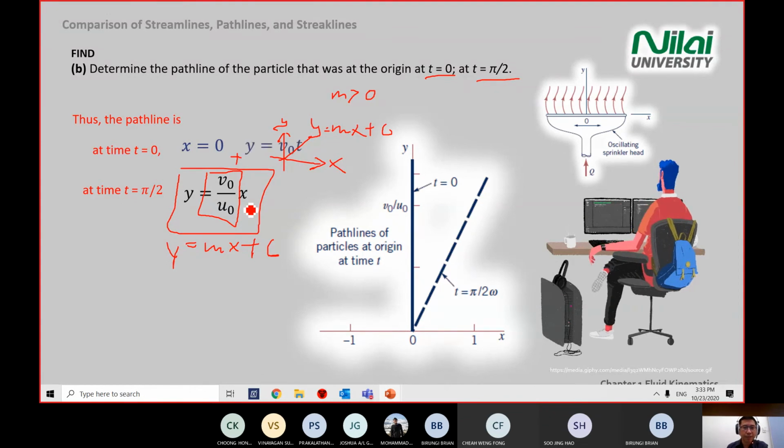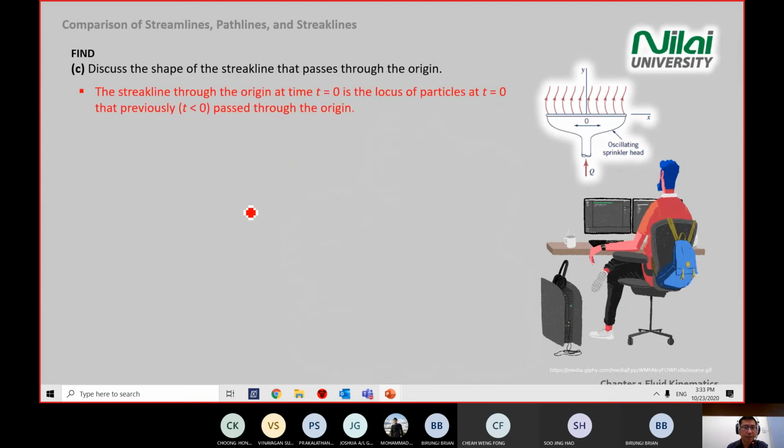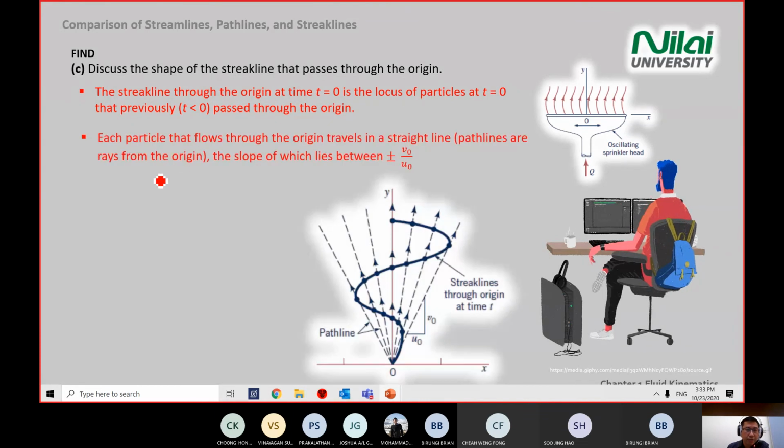Let's look at C. C is about straight line or stick line, pass to origin. So at origin t equal to 0, the locus of the particle at t equal to 0 will be like this. So this one will be a bit complex.